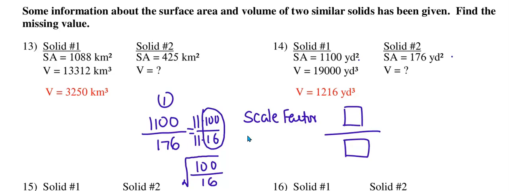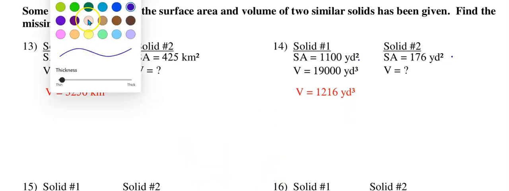When you take the square root, what do you have? You have 10 over 4. You need to simplify it because it's 2 times 5, 2 times 2, and you have 5 over 2. That is your scale factor.